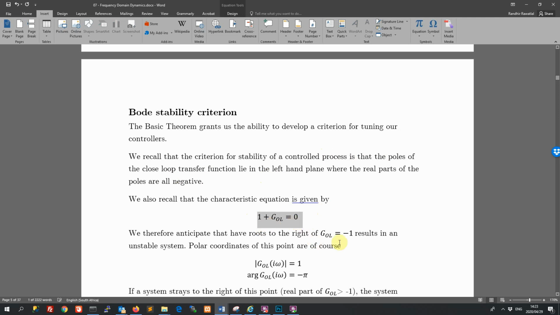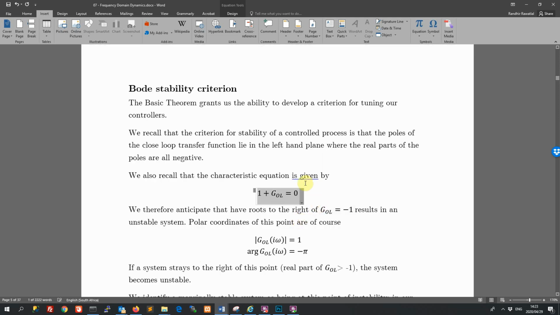And so clearly, if g ever equals -1, then we are at the pole. And if we have positive real parts, it's unstable. So the possibility for instability is when 1 plus g open loop equals 0, and we can regard this as the point to avoid.